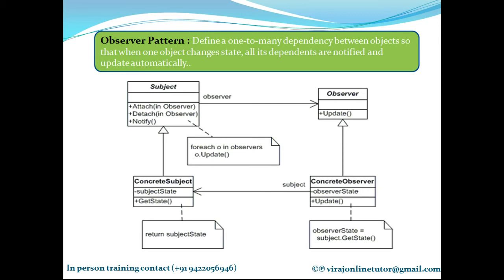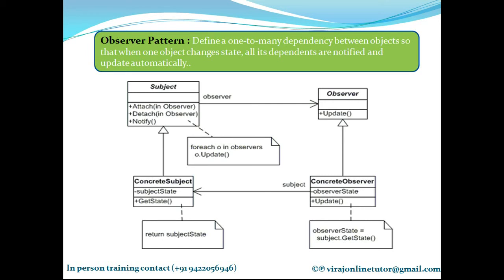Now what are the disadvantages of using the observer pattern? Observers don't have any knowledge of each other's presence. Each observer is a disjoint observer. They just subscribe to the subject and don't know which other observers have already subscribed, just like when you subscribe to a newspaper, we don't know who else has subscribed.